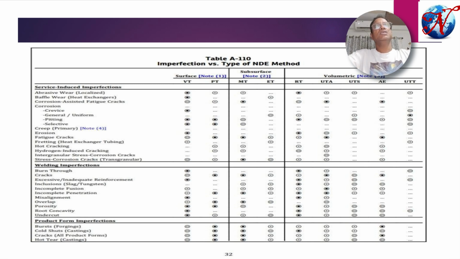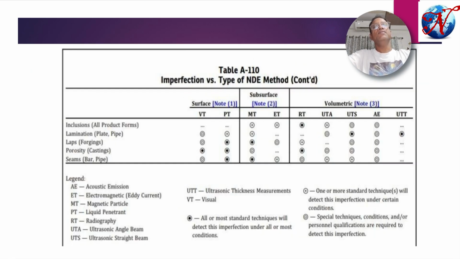If you follow this table, it will give you general guidelines according to the imperfection of that particular type of product form, say a service-induced imperfection like abrasive wear or baffle wear, showing the type of defect, and according to that, which NDT can identify it in the most prominent way or not. It shows the selection of the non-destructive testing method to identify that particular type of defect in your inspection part.